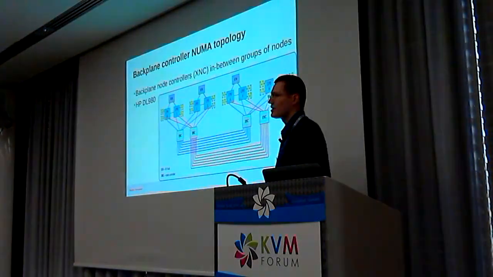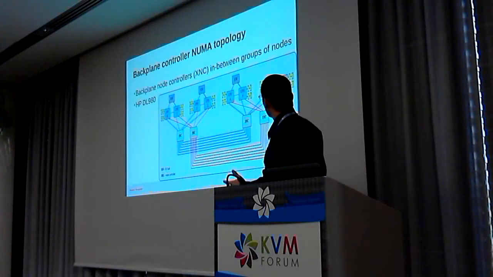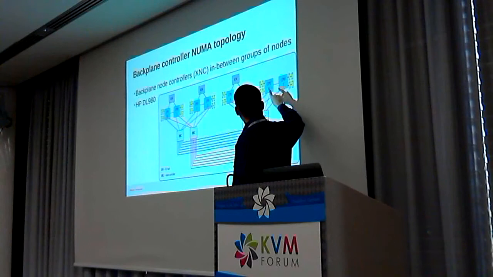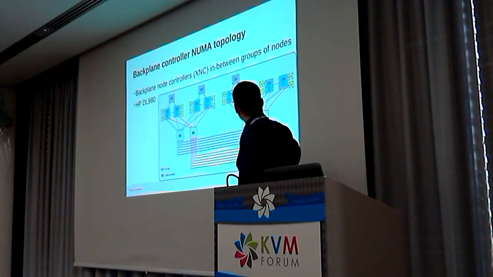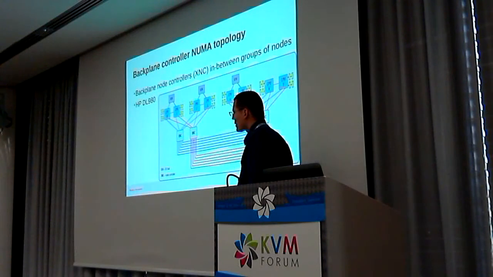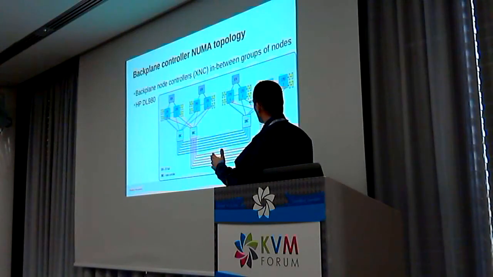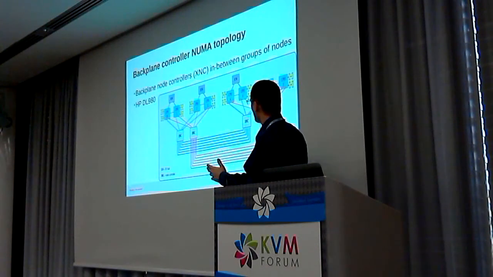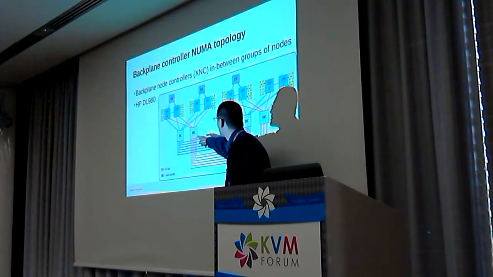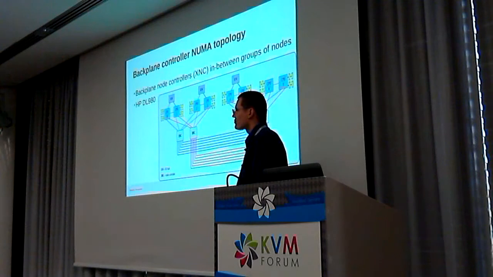We can do that by noticing that if we are comparing tasks on node 7 with node 2, for example, these nodes are 3 hops away from each other. We have to traverse 3 links to get to the other side.